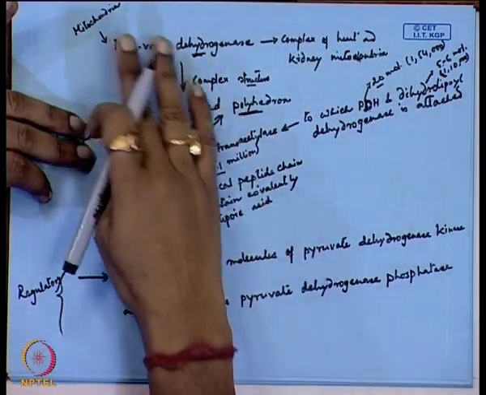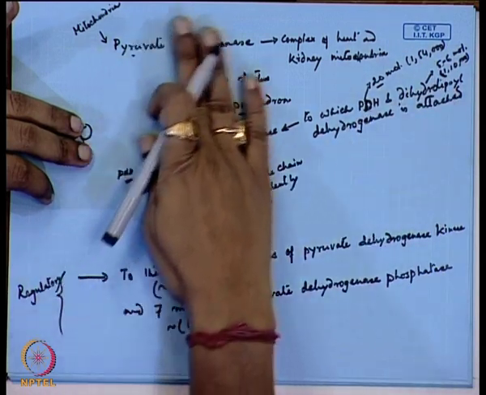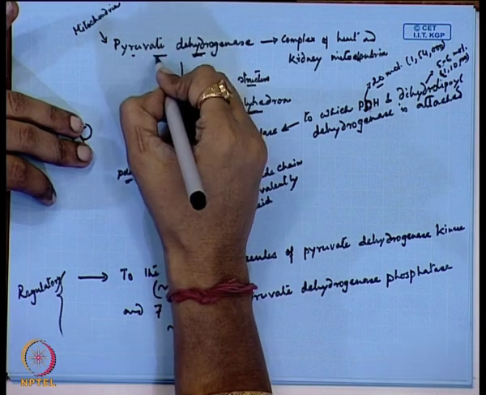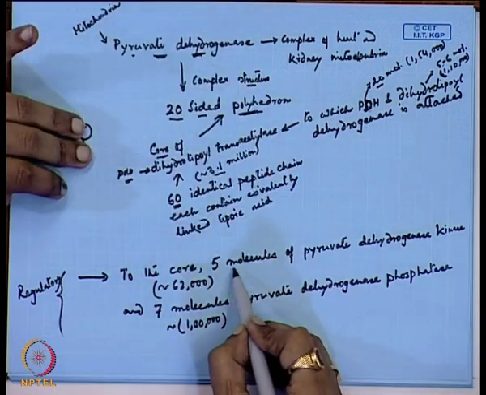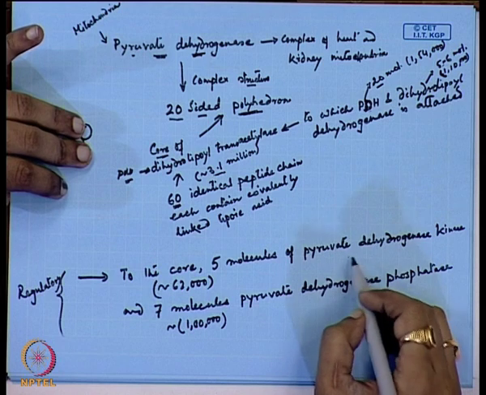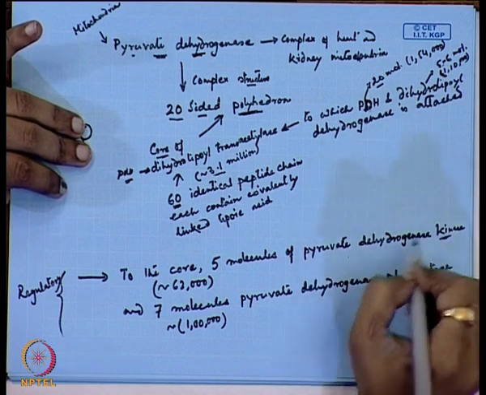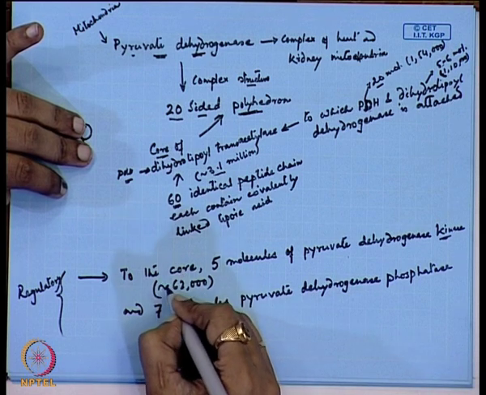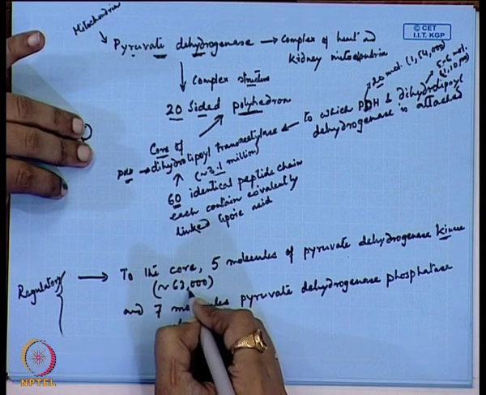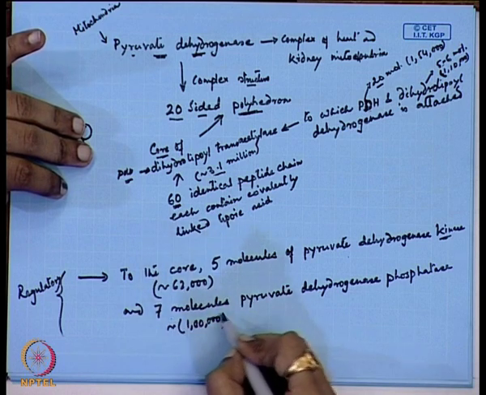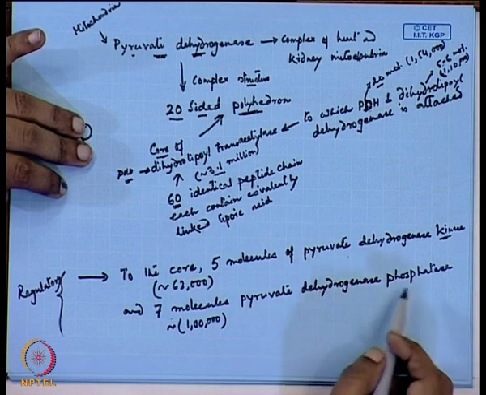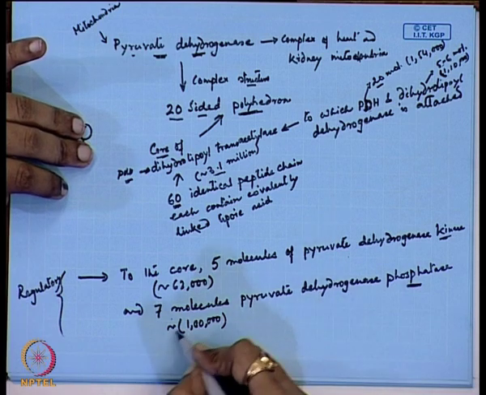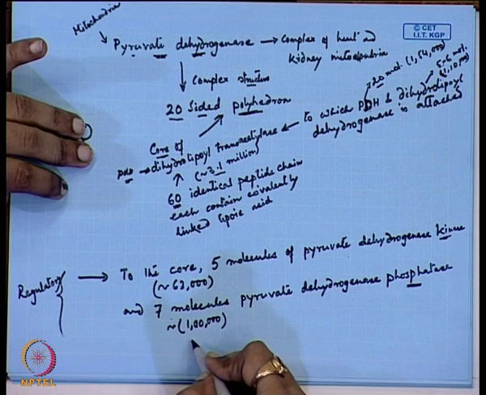Now, this is all about the core structure, but besides this, to this pyruvate dehydrogenase enzyme, 5 to 6 molecules of pyruvate dehydrogenase kinase are also attached, with a molecular weight of 62,000 Dalton, and 7 molecules of pyruvate dehydrogenase phosphatase enzyme are present, with a molecular weight of 1 lakh Dalton.